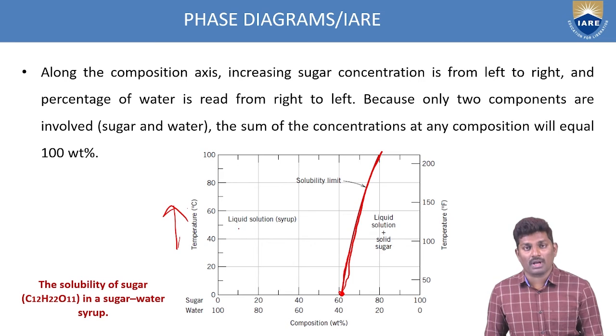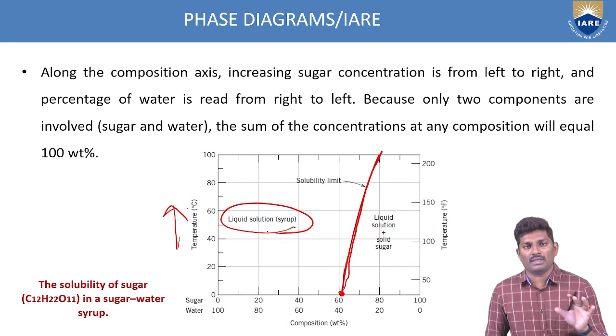And before the solubility limit, you are having only the liquid syrup solution, that you have to know, because whatever the metal is there, it is being dissolved completely inside the water. That's why you are getting the liquid solution or liquid syrup. Now, beyond this, if you cross this 60% of sugar with 40% of water, what is happening? You can't dissolve anymore. But you can have two substances. What are those two substances?